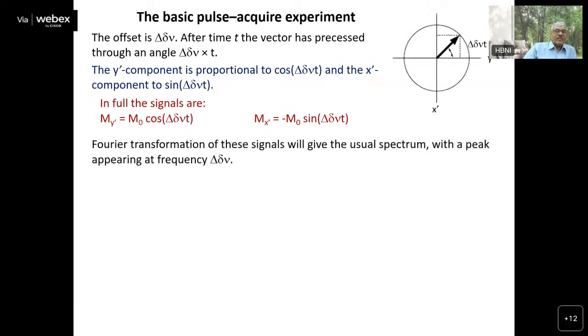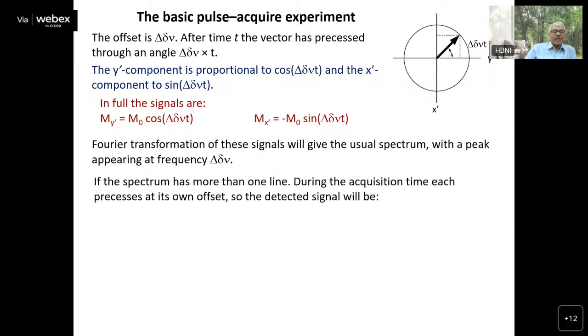So if you do the Fourier transformation, you will get a peak due to the offset frequency.